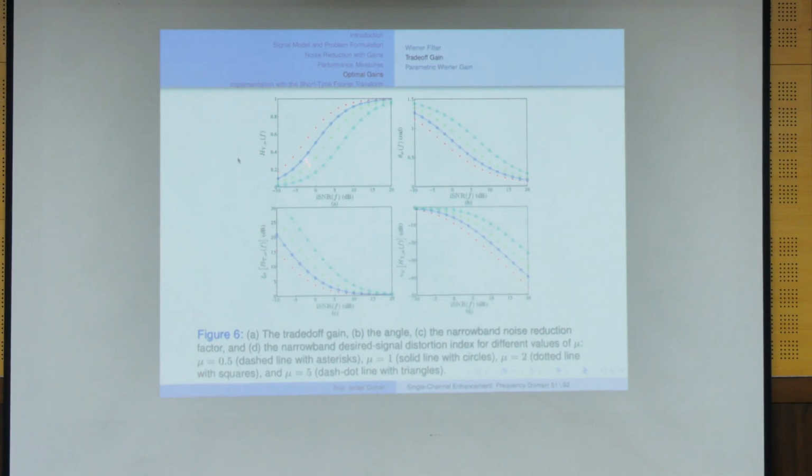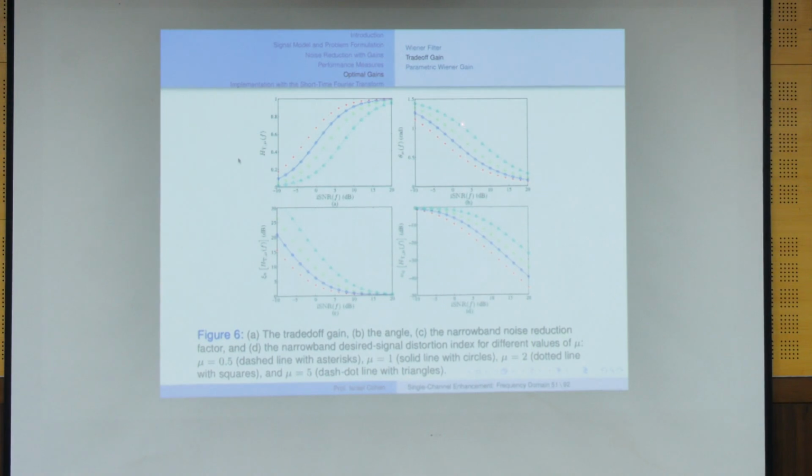The gain, what happens with the gain? So when we increase mu, the gain decreases. Because when the gain decreases, it means that we suppress more noise for each frequency. If we suppress more noise, it affects the distortion. And this is theta.